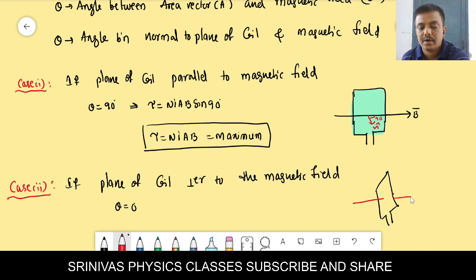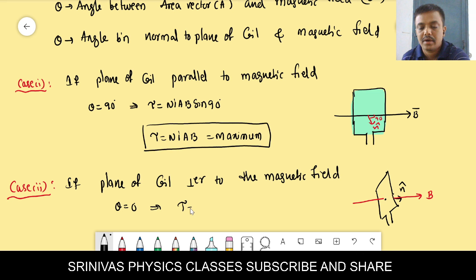This is the direction of the magnetic field. And what about the normal drawn? The normal drawn to the plane is also in the same direction. The normal drawn to the plane of the coil and the field are both along the same direction. At that moment the angle between the normal to the plane of the coil and the field is 0.